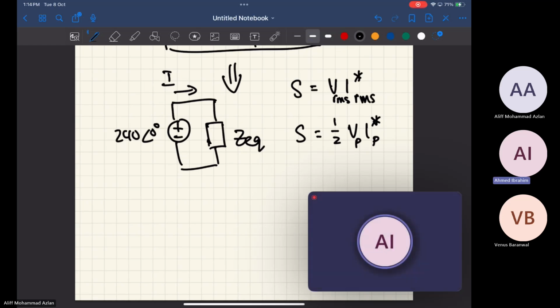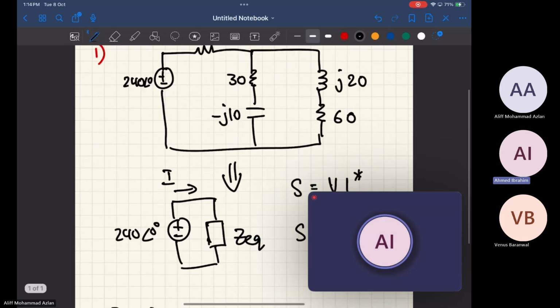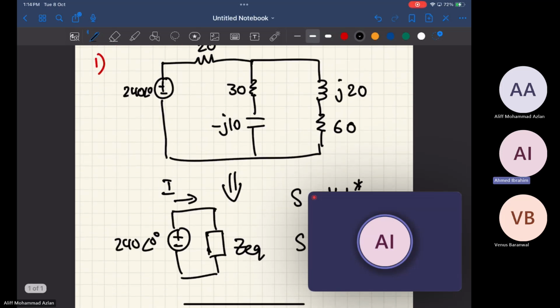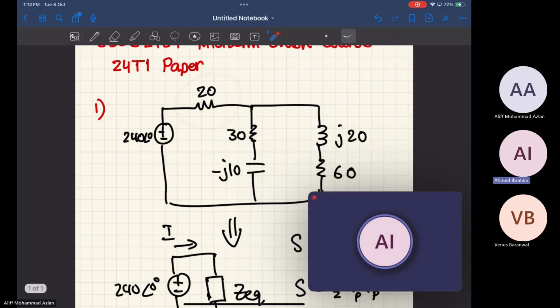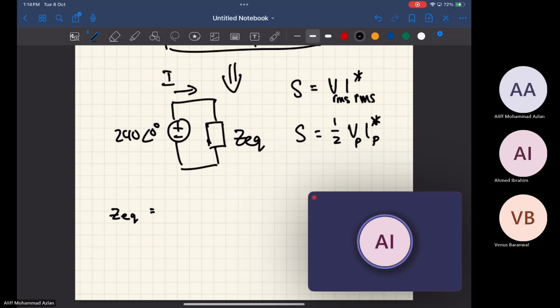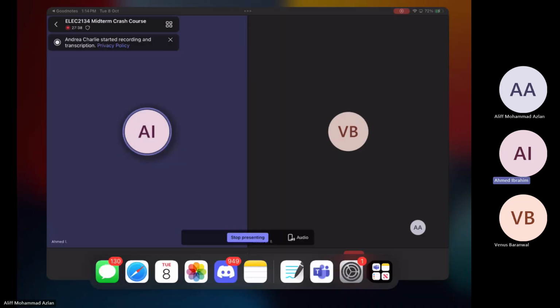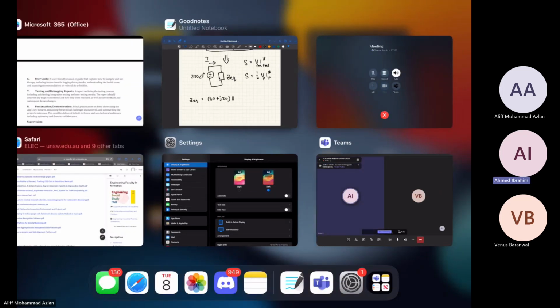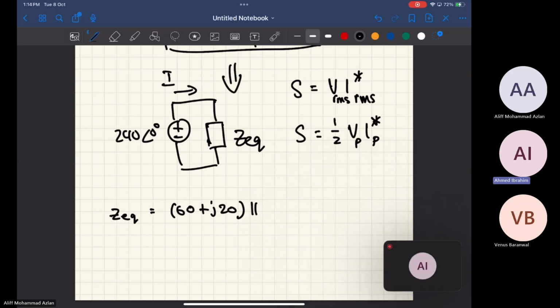Okay. So in this case, Z equivalent is simply, if you look at the circuit, these two in series in parallel with these two, and then that's in series. So that's going to be 60 plus j20 in parallel with 30 minus j10 and plus 20.